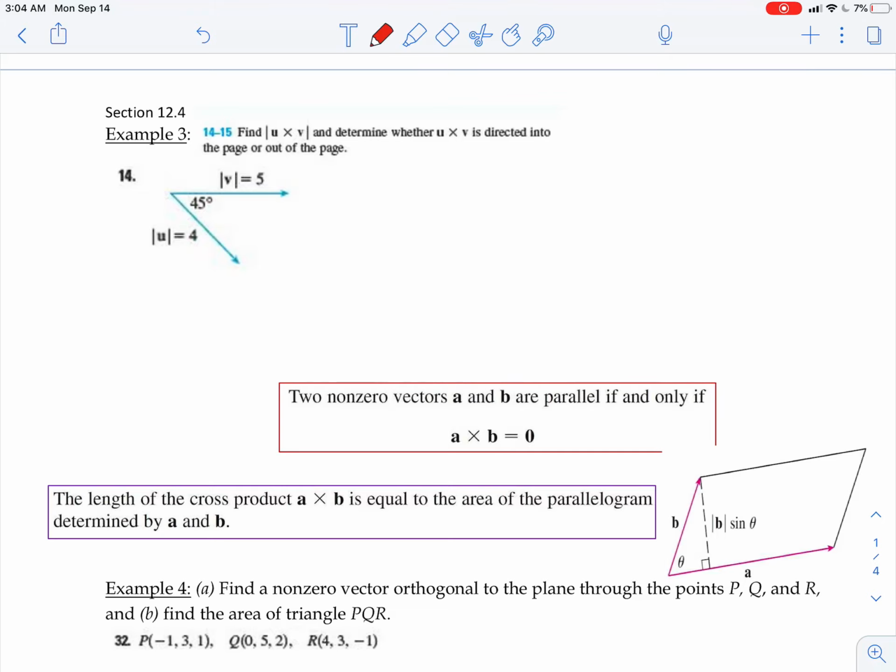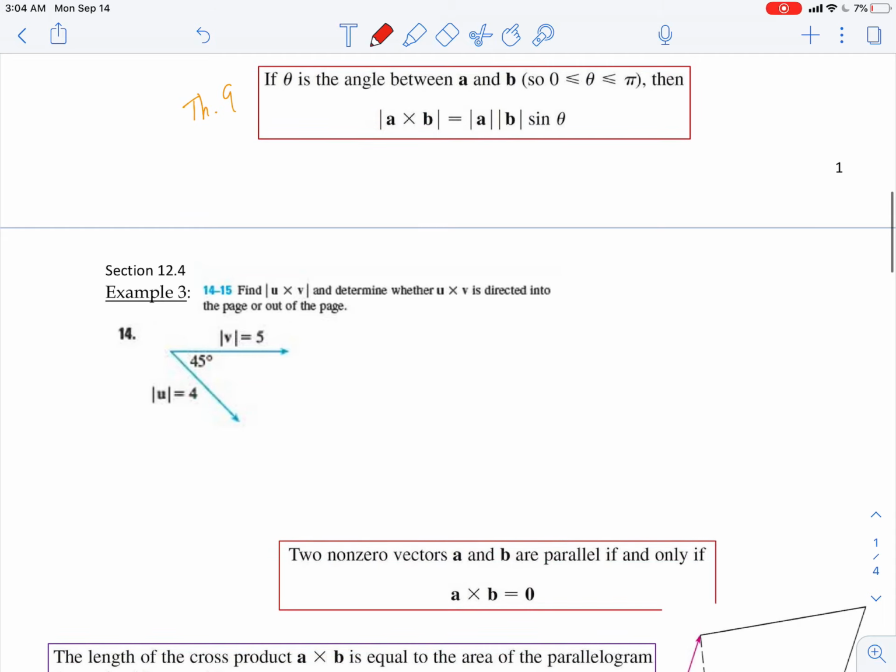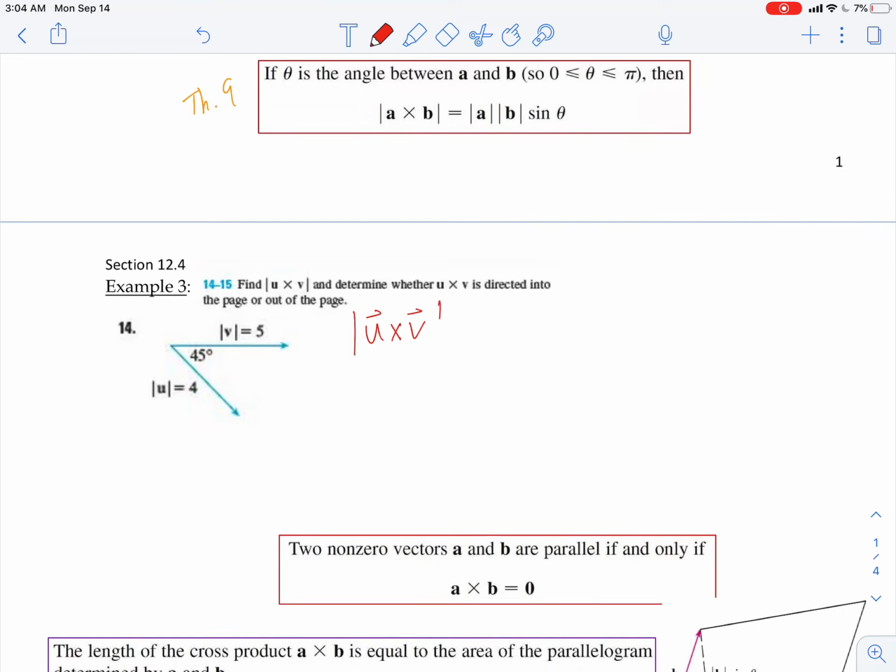And again, I'm trying to beat the time to get through all this. So we're going to use our theorem, and we're going to find the magnitude of the cross product of u and v, both those two vectors. We're going to set that equal to the magnitude of u times the magnitude of v times sine 45 degrees.